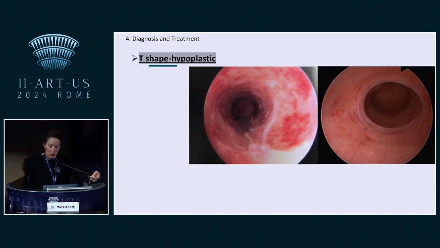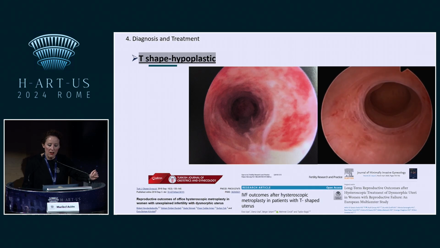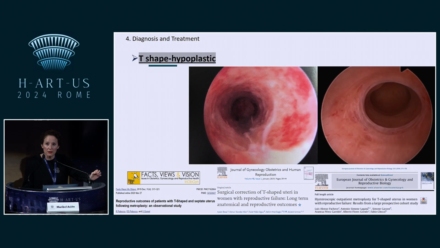What's even more interesting is that in the last years, there have been several papers, some of them prospective, showing an improvement of reproductive results also in the unexplained infertility or subfertility group of patients, achieving even spontaneous pregnancies once the cavity is widened.